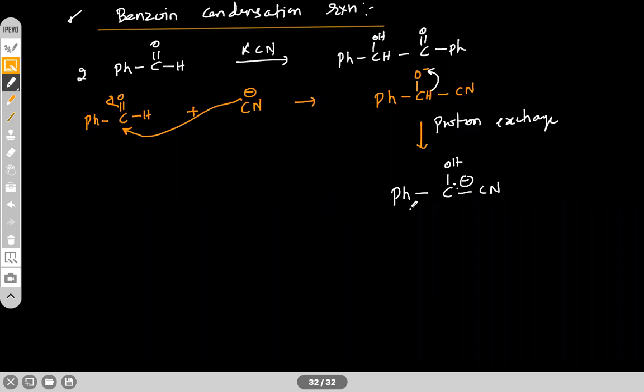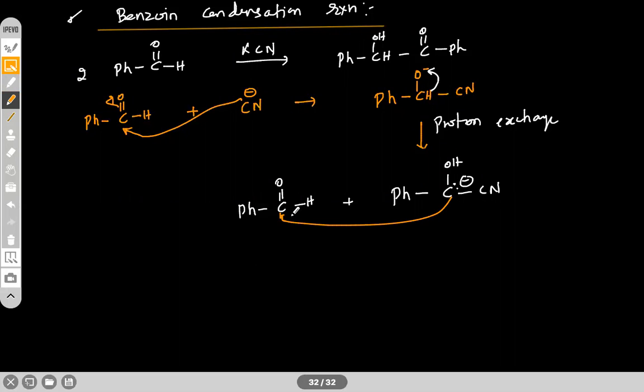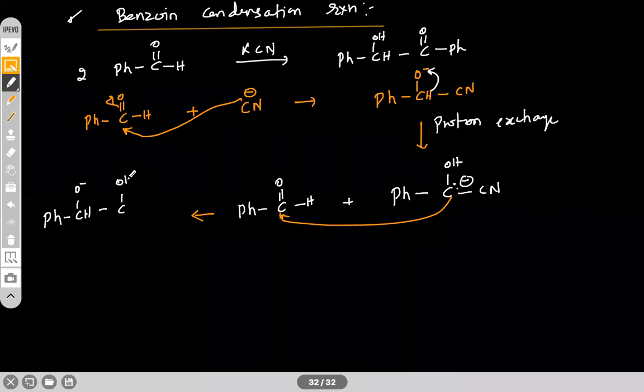This is the nucleophile for another molecule of PhC=OH. This attacks onto this carbon and it converts into PhCH O minus, C(OH), Ph and CN.